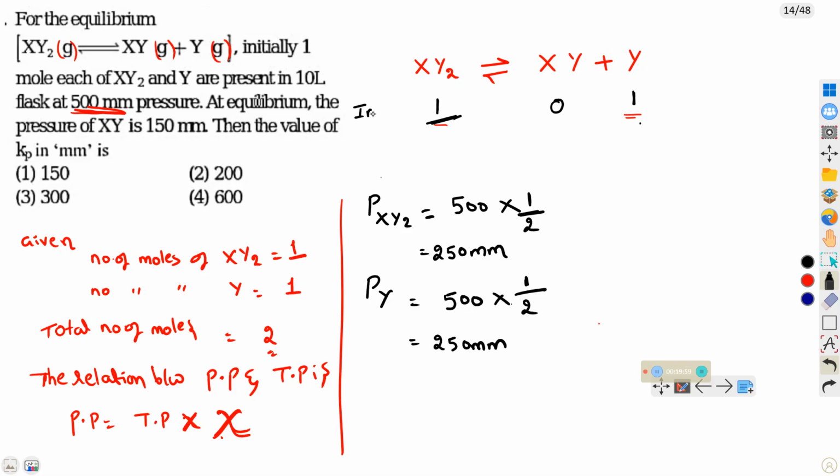This is the initial number of moles. At equilibrium, reactants are reacted. Suppose X amount of the substance is reacted, then 1 minus X. Here the initial partial pressure is 250.